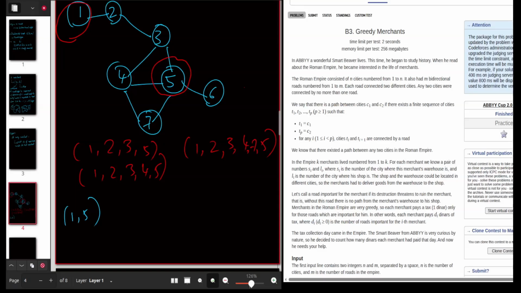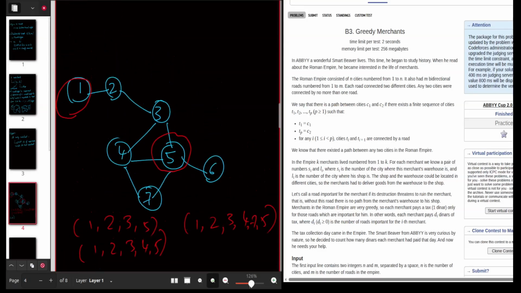For example, take this edge between 1 and 2. If you remove this, then you can see that the connected graph got separated into two different components. So obviously, all your paths will break. Even this is invalid now, this is invalid now, this is invalid now.